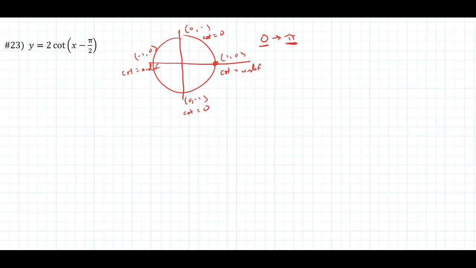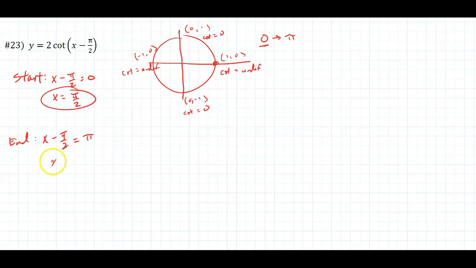So all we have to do, just like the previous graph, is find my new start: x minus pi halves equals 0, and my new end: x minus pi halves equals pi. So x is going to start at pi halves, and x is going to end at pi plus pi halves, which is 3 pi halves.